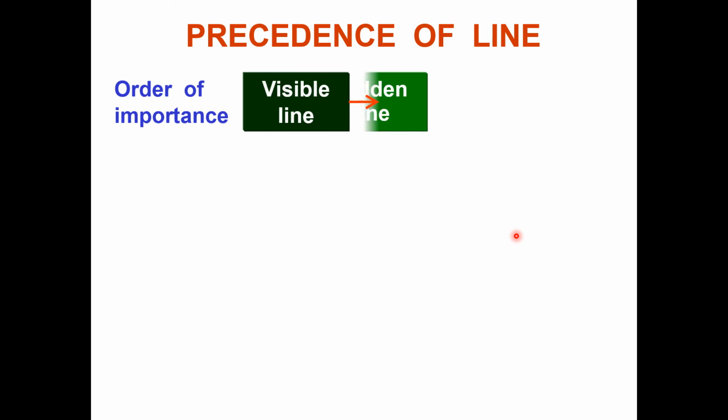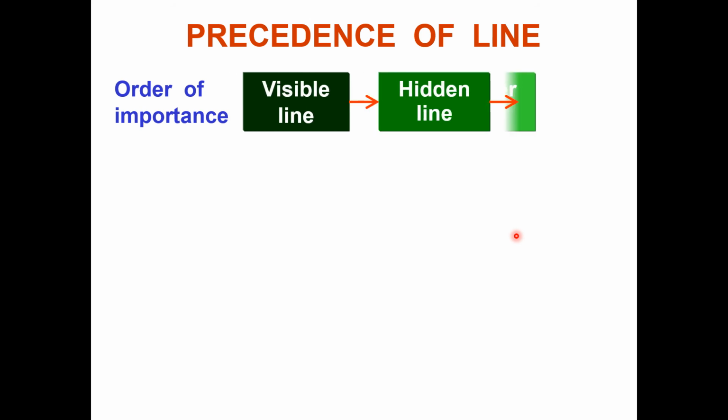If at some point two lines are present and they are matching or joining at the same point, which line will govern the criteria? Visible line, hidden line and center line. If there is a center line present and a hidden line, you will draw the hidden line. If there is a hidden line and a visible line present, you will draw the visible line.